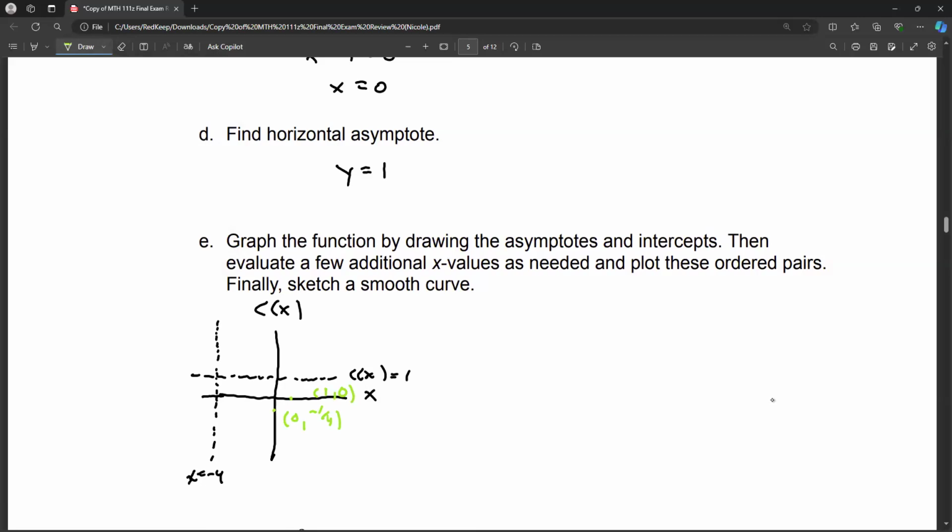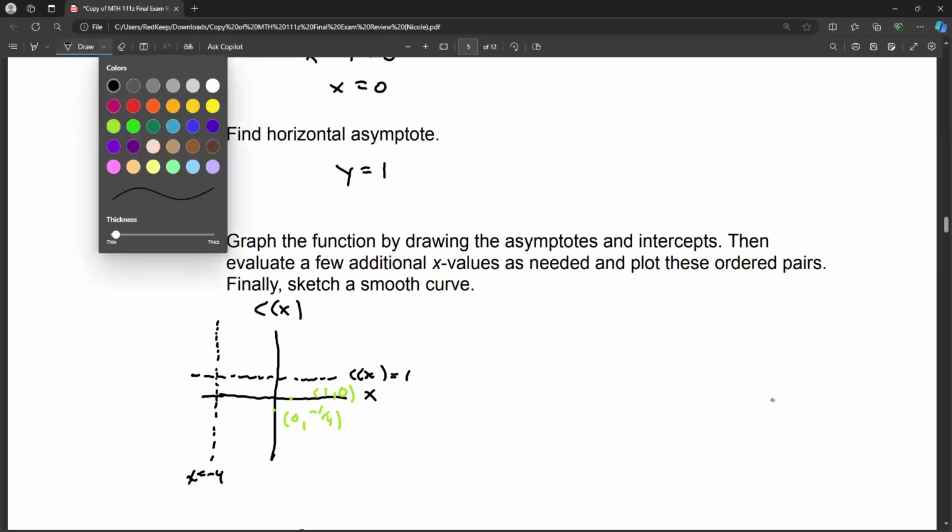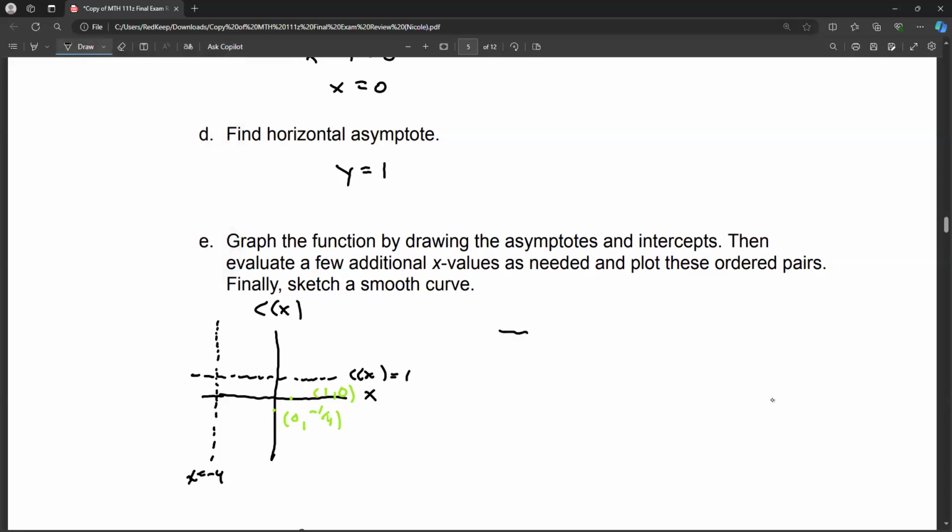And then there's also saying, let's put in a few additional x values. So maybe I'll write a table real fast just to collect that information.